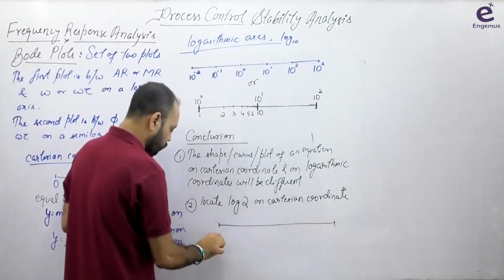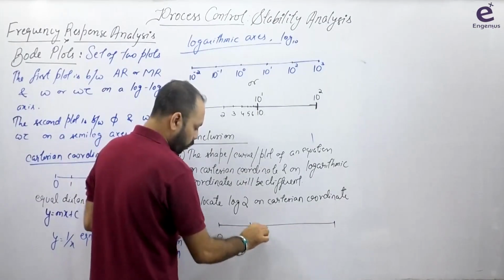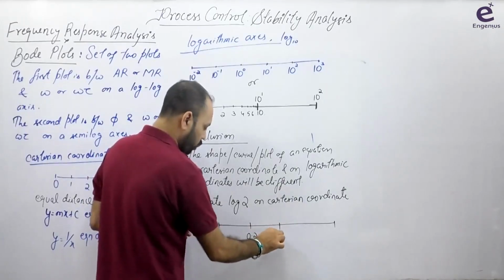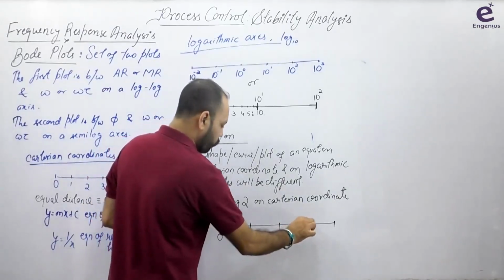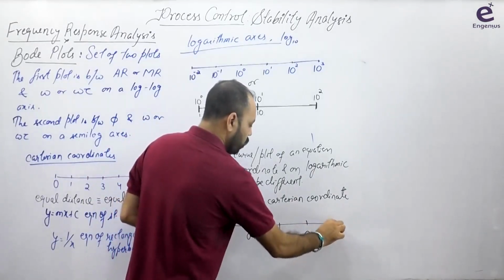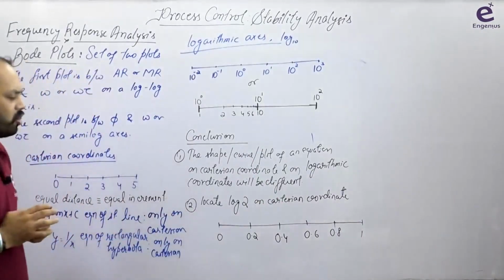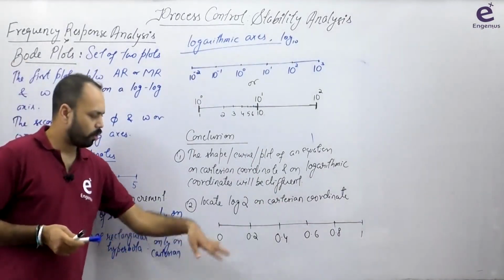Suppose this is 0, this is 0.2. I'm just taking small gaps for ease. 0.4, 0.6, 0.8, 1. Right? Suppose this is my Cartesian coordinate, equal gaps, equal intervals.